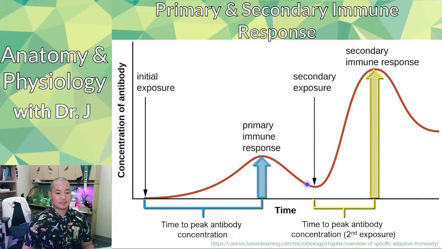It's because you have these memory cells, so you don't have to train new T and B cells again. You can just use your memory T and B cells, and when they proliferate and divide, especially the memory B cells, when they become plasma cells and secrete antibodies again, that's why you have an increased secondary immune response. You don't have to do that training step again.